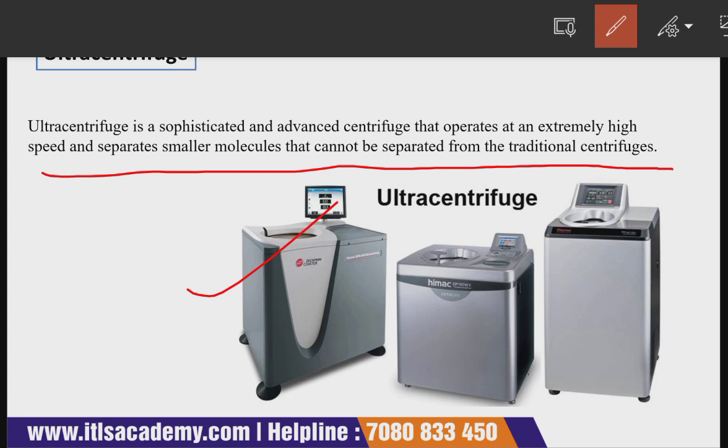Ultracentrifugation is a specialized technique that is used to spin samples at exceptionally high speed. The current ultracentrifuges spin as much as 1,50,000 rotations per minute, or RPM, which is equivalent to 1 lakh g.